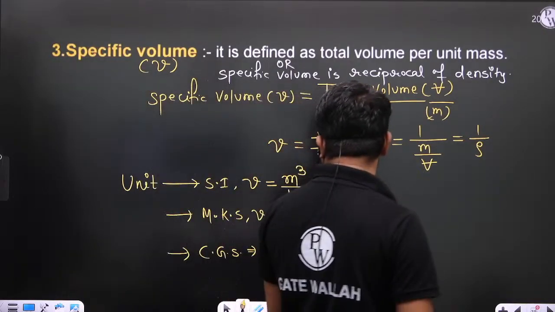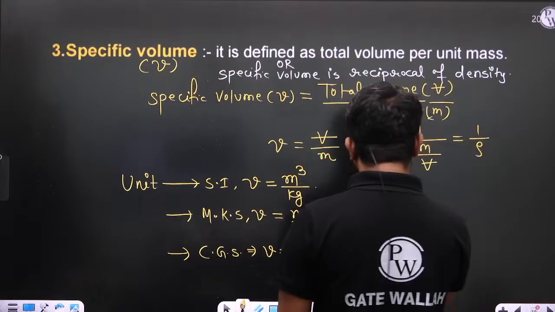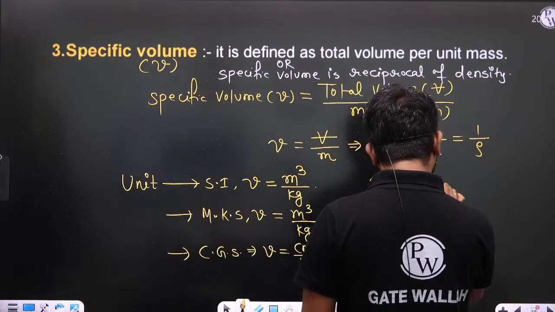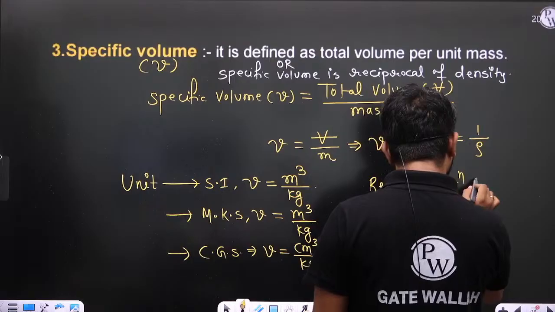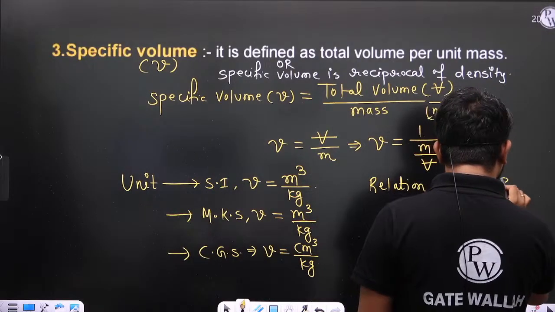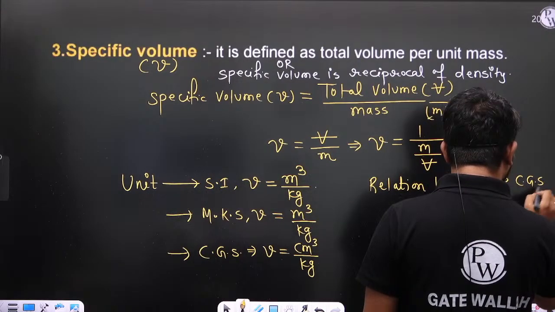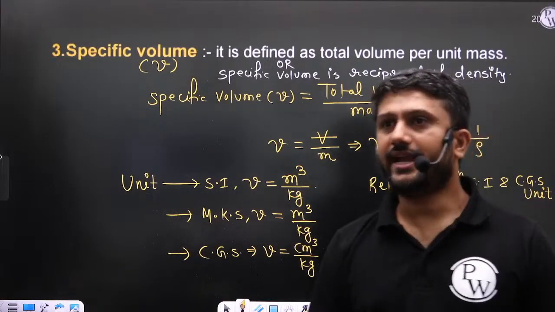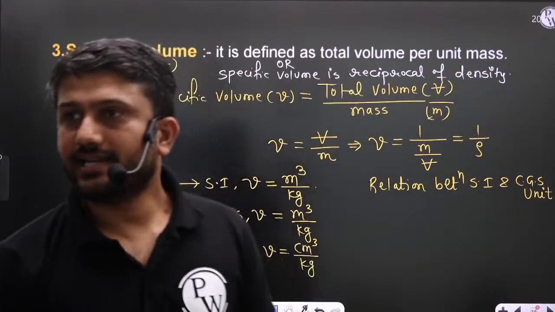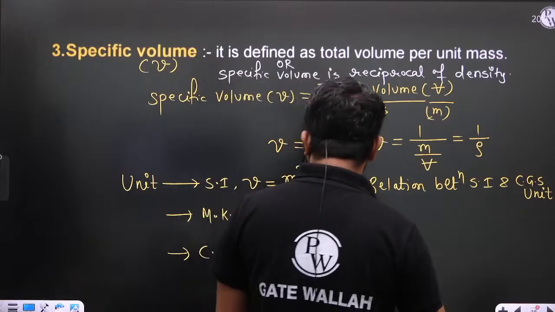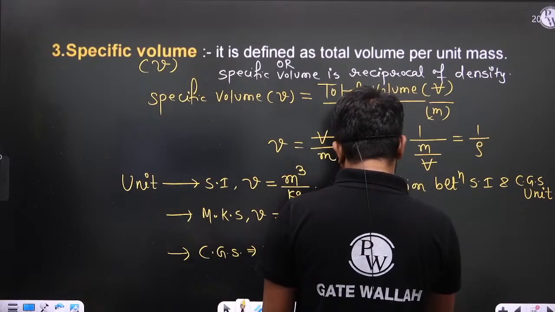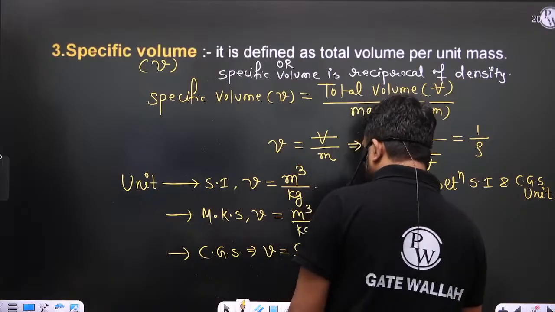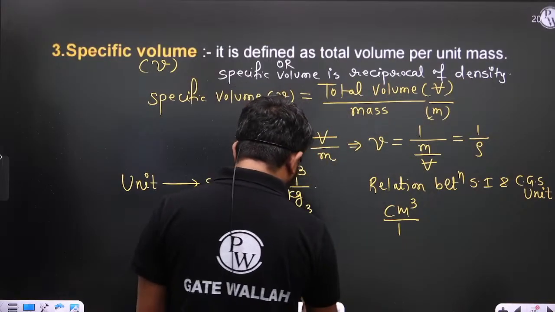And we established the relation between SI unit and the CGS unit, right? So what is the relation? So we can write centimeter cube per gram.